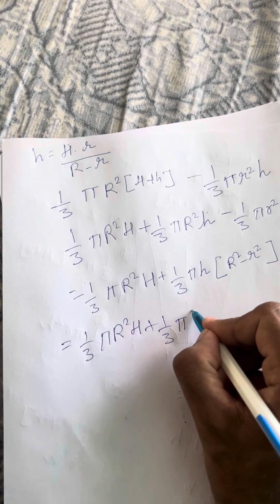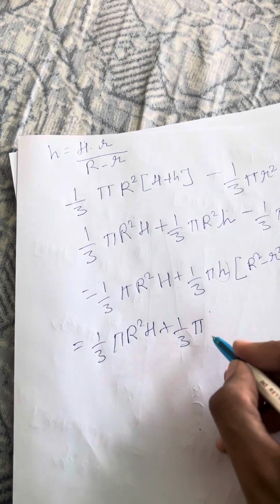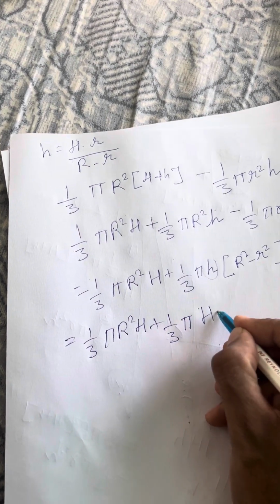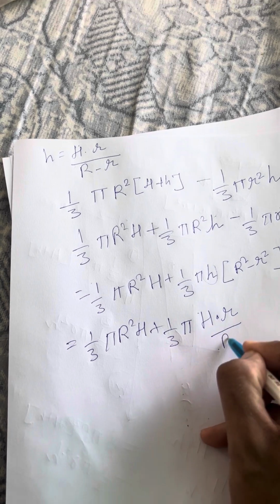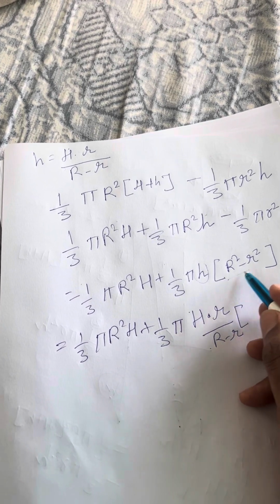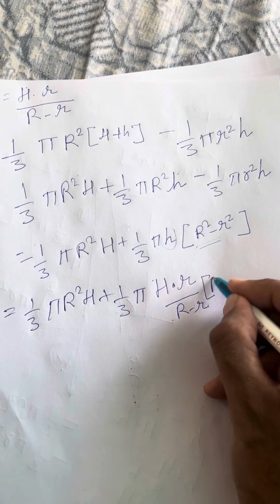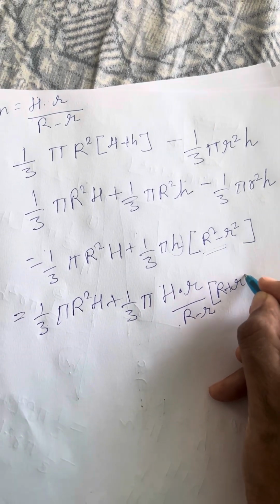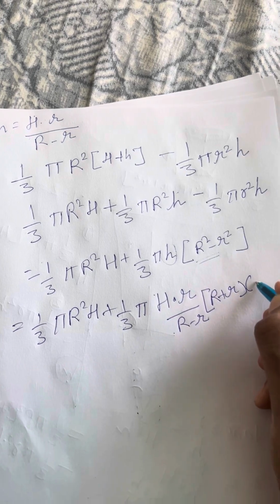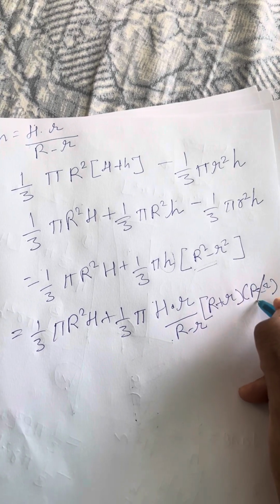Now let's bring back our h. Substitute this from here. This is H r by R minus r. If you know the expansion, that is a square minus b square is a plus b into a minus b, this goes off.